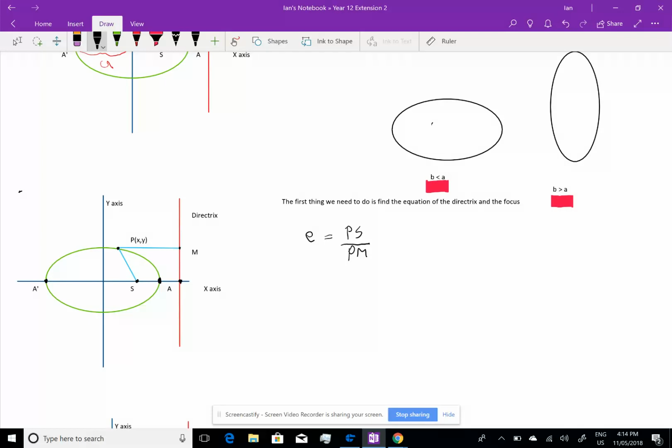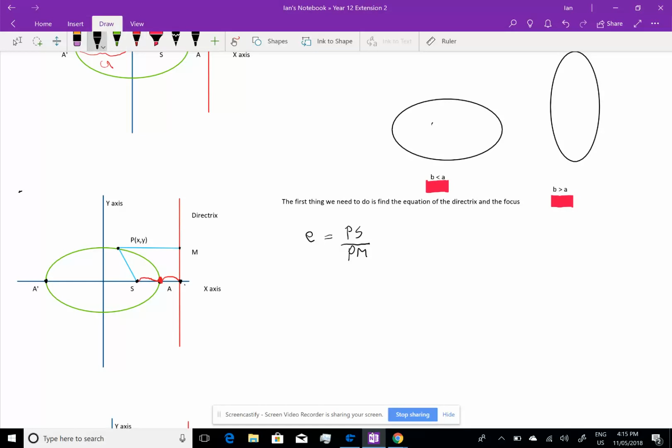The eccentricity is PS on PM. Now, that P is an arbitrary point. Let's take a point that is not arbitrary, that we want to discuss. So let's take this point here, A. That's a point A there. Now, that should hold as well. So AS, and this is not to scale, on A to that point. Well, let's give that a letter as well.